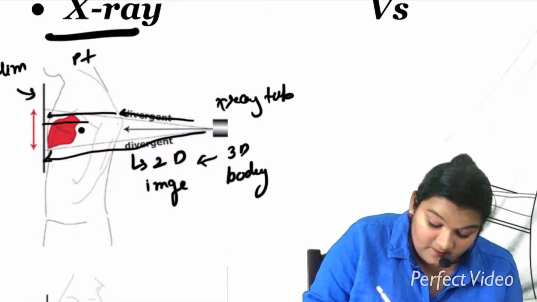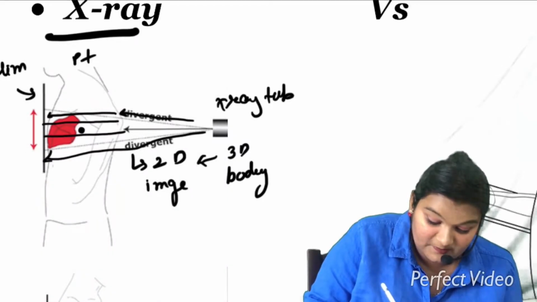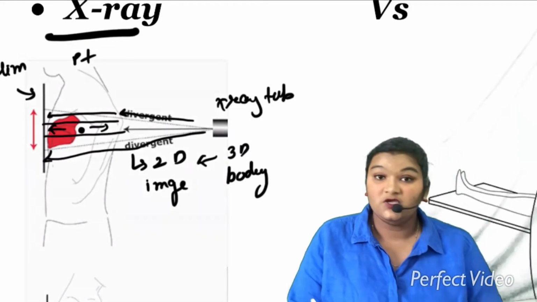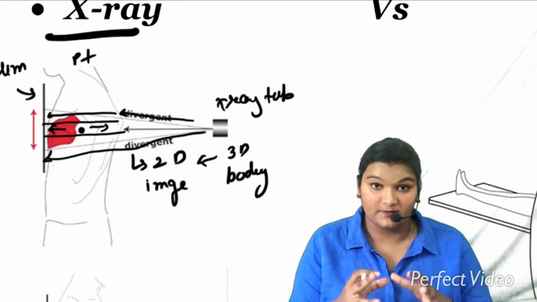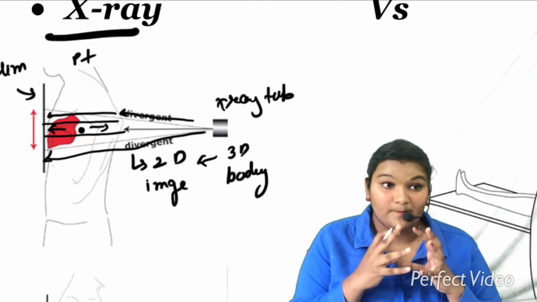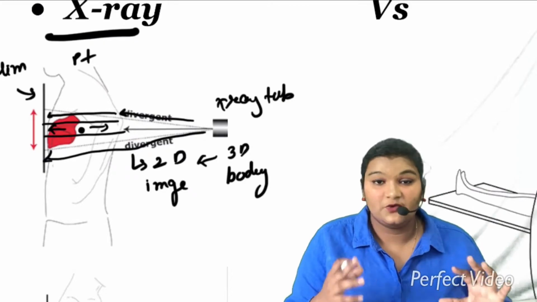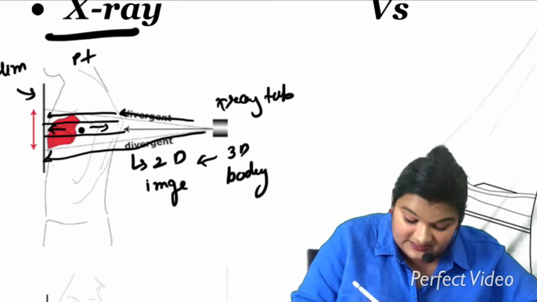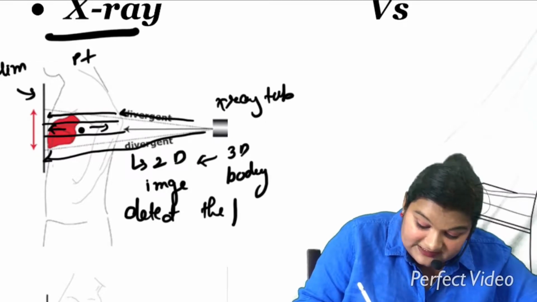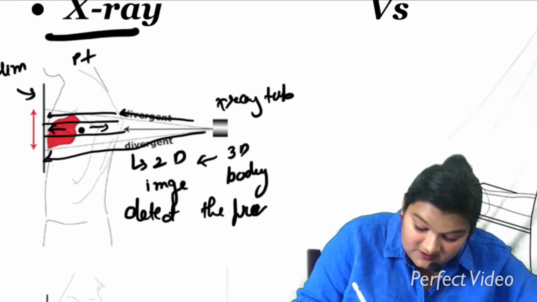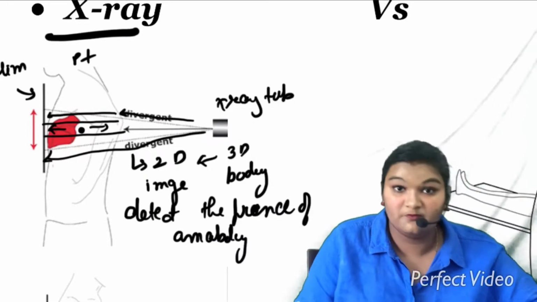Now there are many probabilities that this anomaly can be present anywhere over here. You are not able to pinpoint the specific location of that anomaly or what organs it is involving, what damage it is causing. You can just say, okay, there can be an anomaly present. It just detects the presence of an anomaly, any foreign body or tumor.